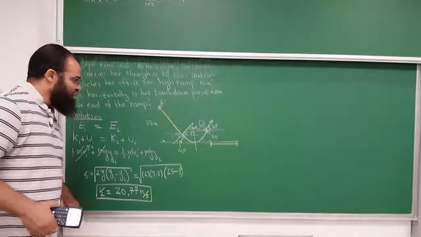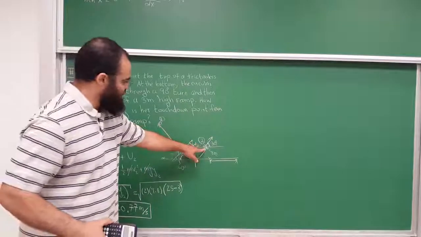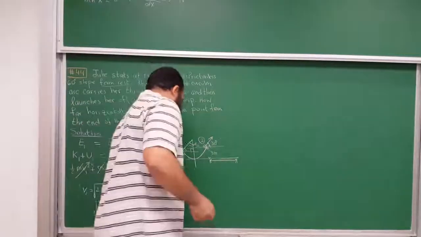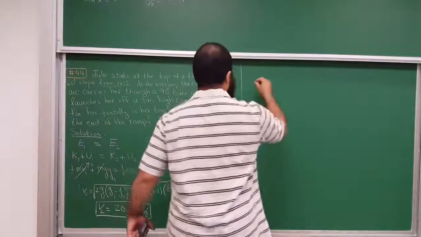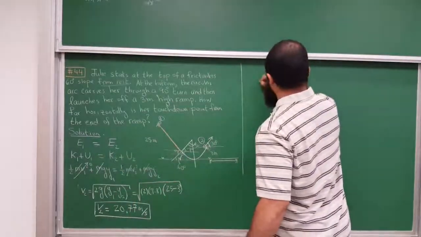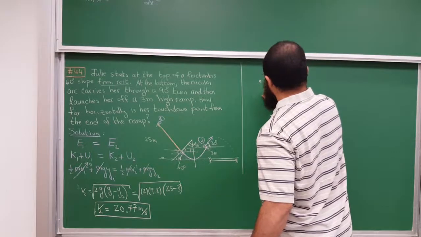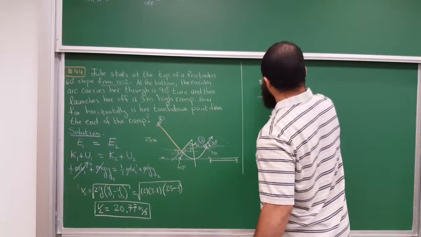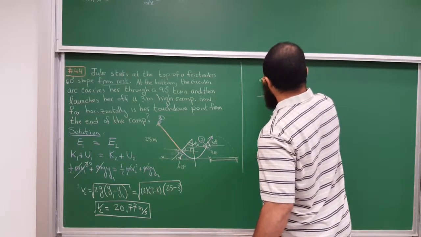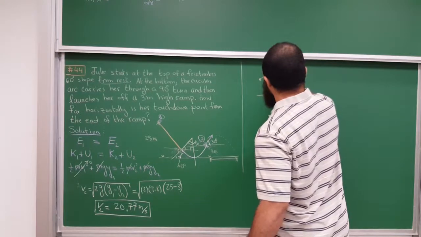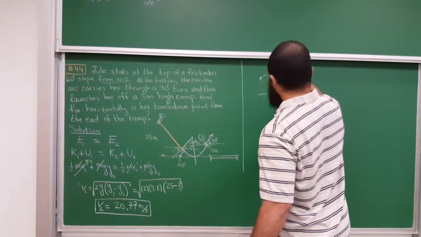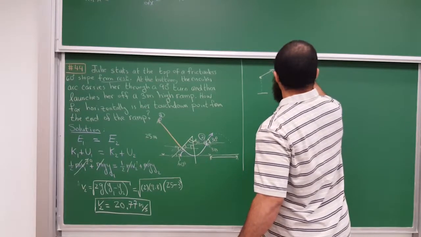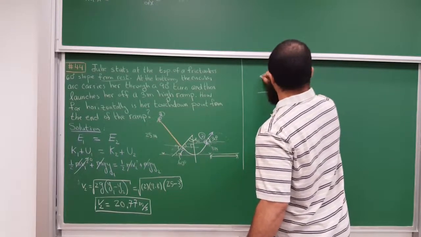Okay, so now we're at this point here. So let's zoom into that. Eventually we would like to know where it would land. So here's where we are. We're above the ground by 3 meters, and you're heading this way with a v equal to 20.77.